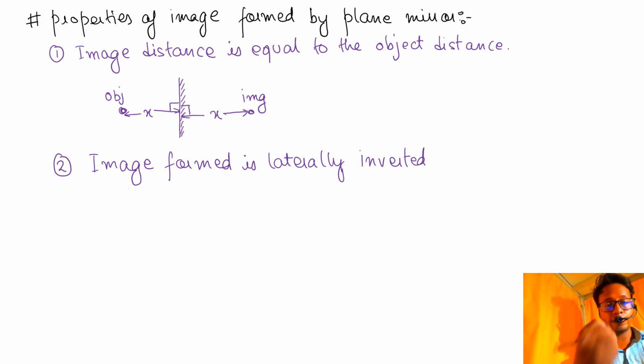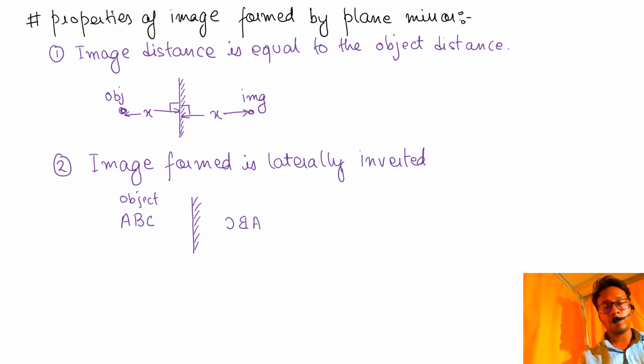What do I mean by this? The meaning of this statement is, suppose there is a mirror, and I have three objects, alphabets A, B, C. The image of these objects will be somewhat like this: C, B, and A. Why?